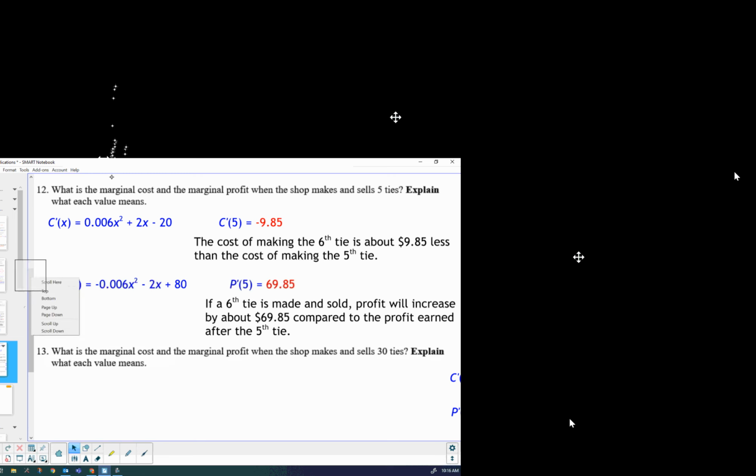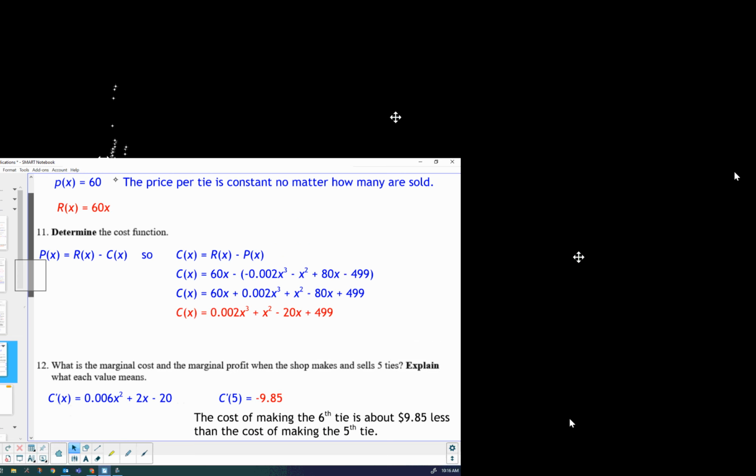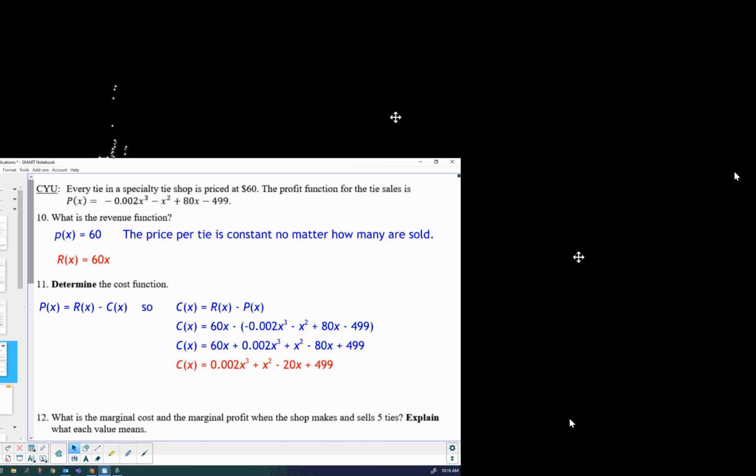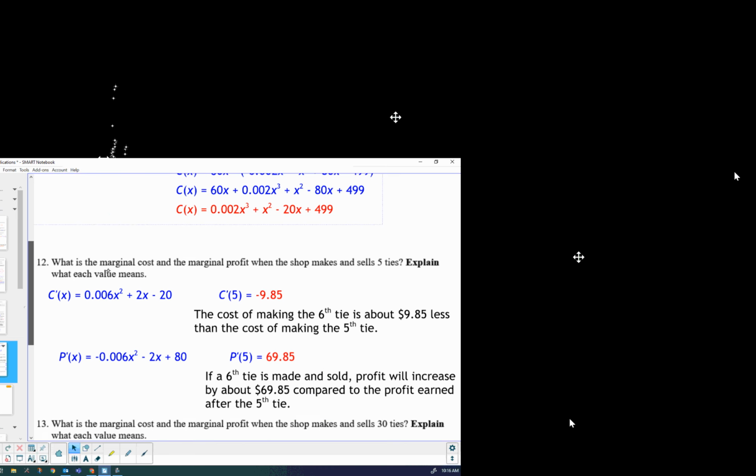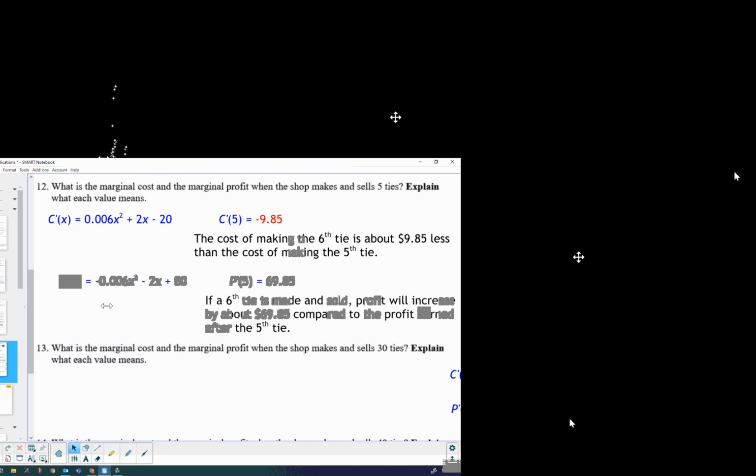Questions? We were given a profit function. The derivative of cost is marginal cost.